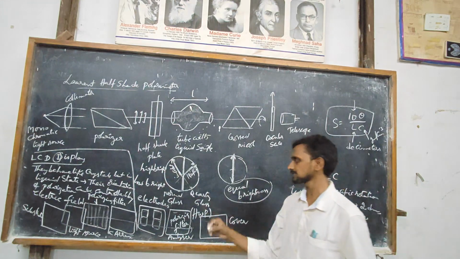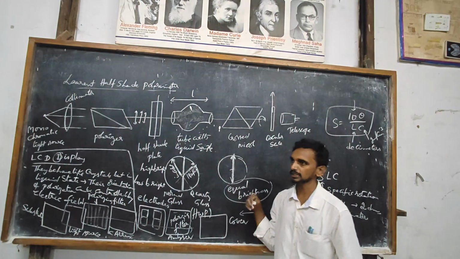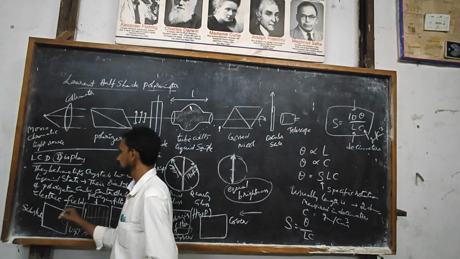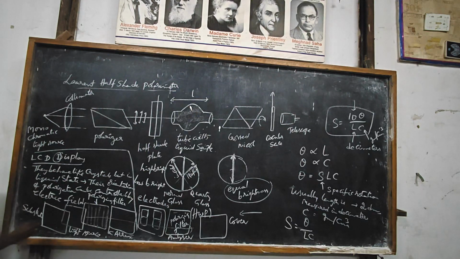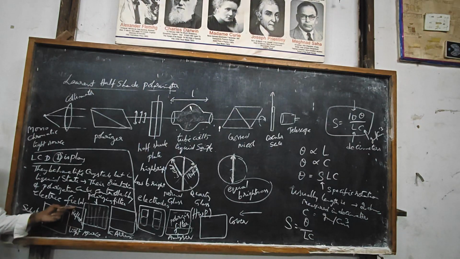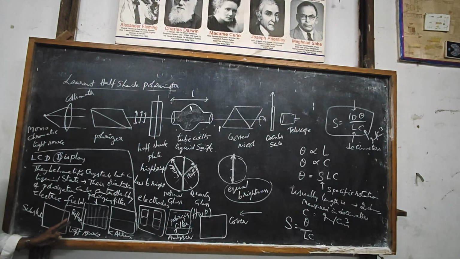If the backlight is not used, the top cover is transparent so that light enters the entire array and the substrate consists of a reflector. So instead of the light source you will have a reflector. You are not using a backlit type LCD. Instead of a light source you will have a reflector so that the light enters from the top cover and reaches the bottom surface.